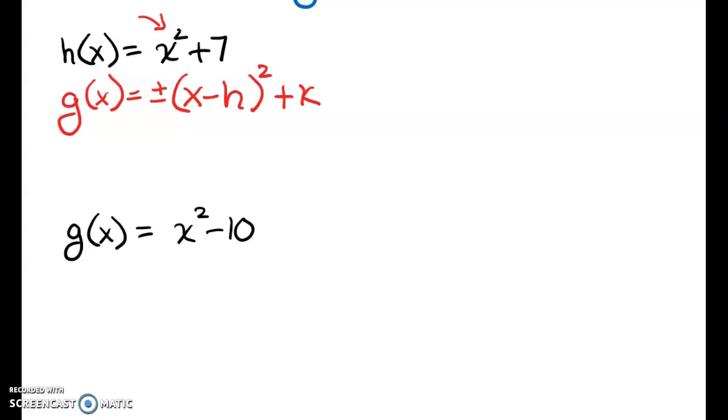And I do have a nice positive sign in front of my x squared term, so I'm going to rewrite my equation as a plus. I need to have an x here and something being subtracted from it. Well, I don't have anything being subtracted from it, so really what I'm doing is I'm subtracting 0 from it.